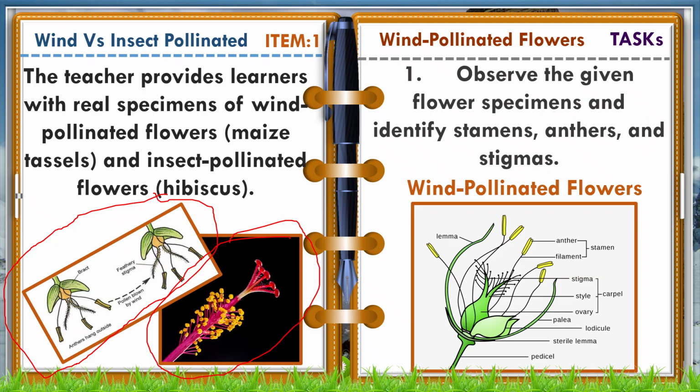We want to look at the stamen. Stamen is the male part, which has the filaments and the anthers. So all these ones that we are seeing here are anther heads, which form what we call the stamen.